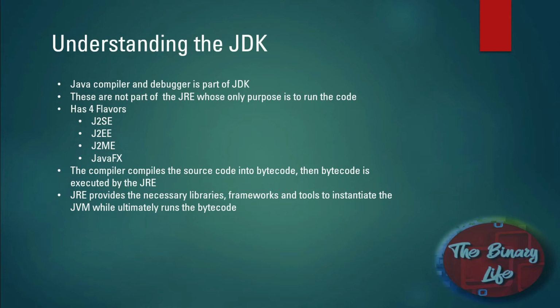This is done by the Java Development Kit or the JDK. It has a compiler which compiles your source in English and translates that to an intermediate form called bytecode, and this bytecode is executed by the Java Runtime Environment or the JRE, which is a part of the JDK, and it is responsible for running your program.